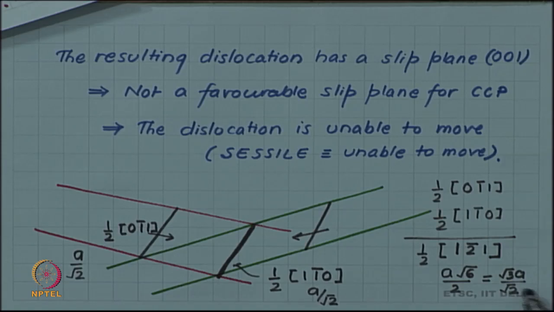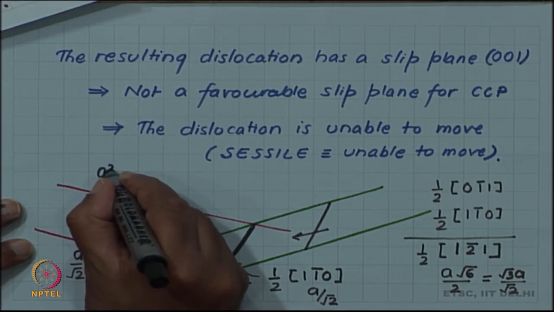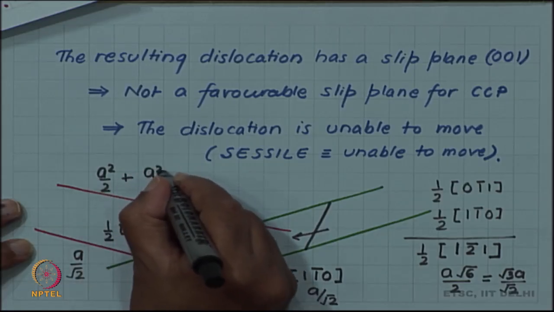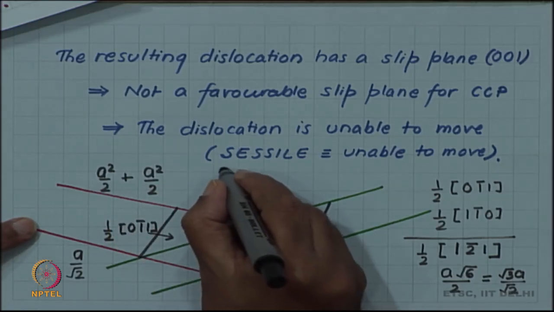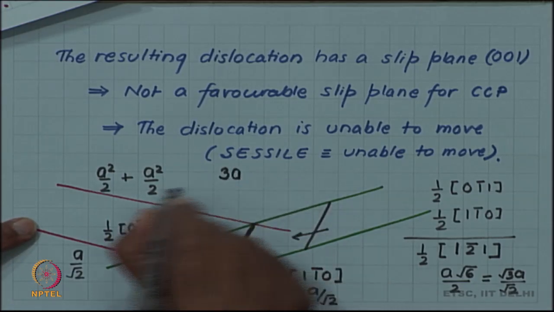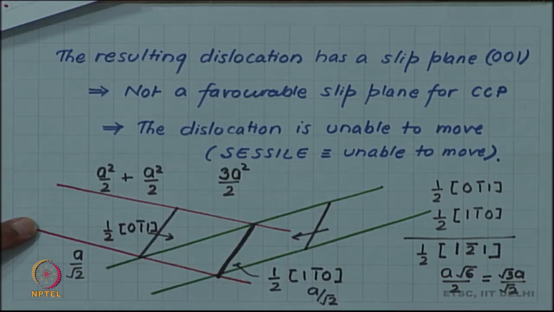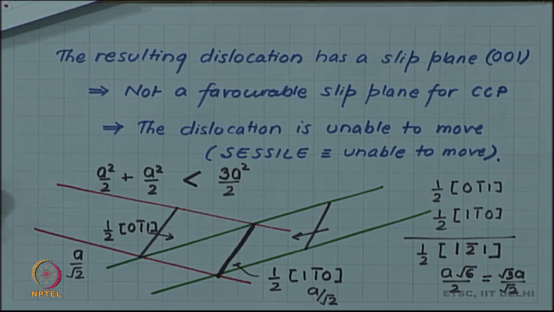So, this is root 3 times longer vector. So, if we take the energies now, we will find a square by 2 plus a square by 2 before, and 3 a square by 2 after. So, the initial energy is less than the final energy.